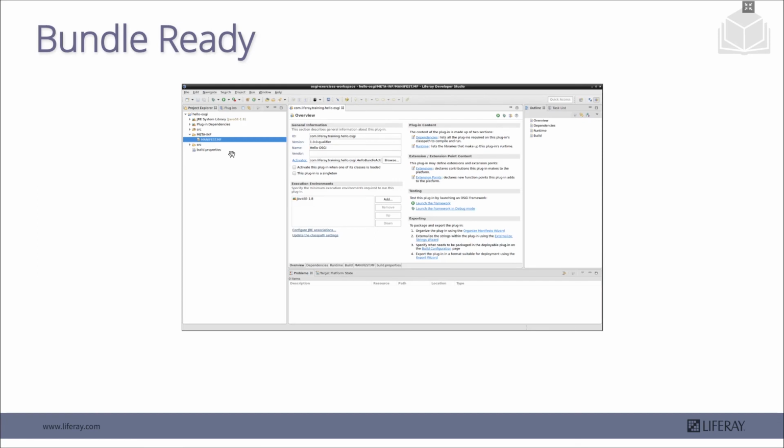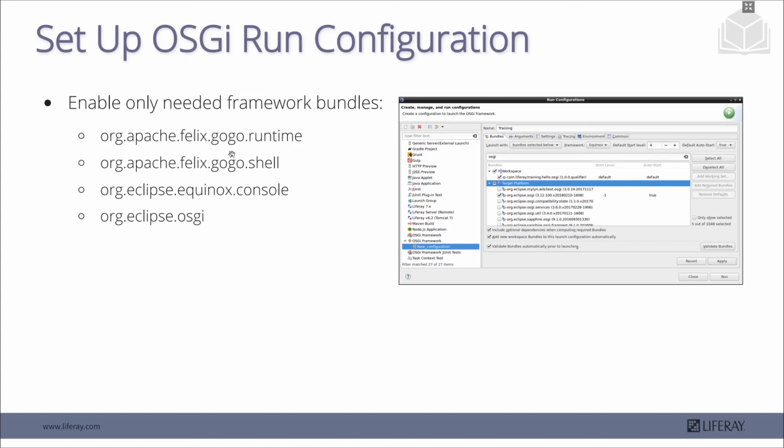Okay, so we're going to be doing this all within Developer Studio using no sort of tooling, right? Cool. So that's going to be the first part, is creating the OSGi bundle. The next part is setting up our OSGi framework, our OSGi runtime, or I should say OSGi container, to actually run OSGi bundles.